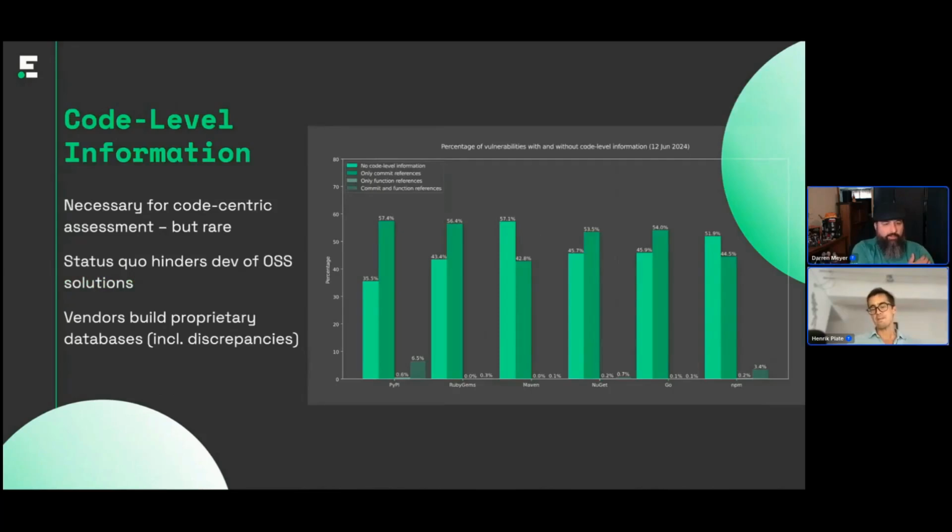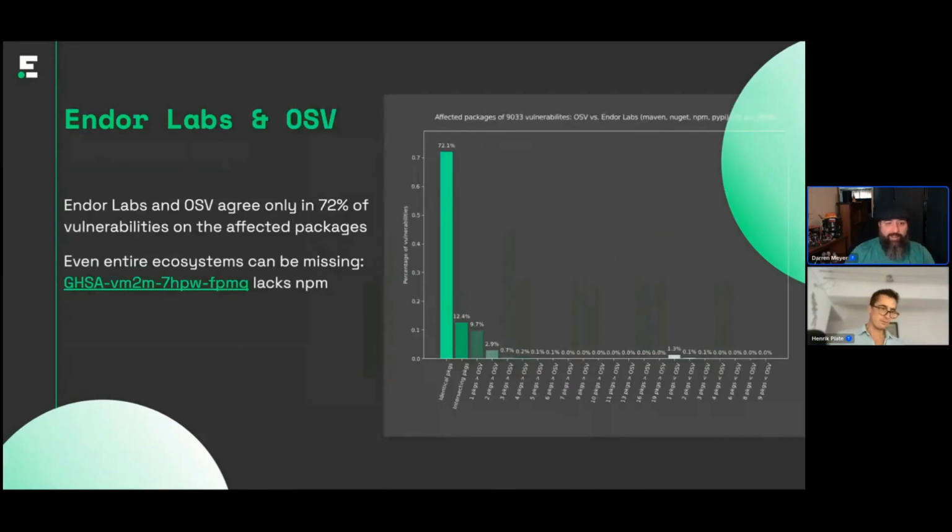I definitely don't want people to come away thinking that we're trying to say that OSV is bad or anything either. It's an extremely valuable resource. I think it really highlights just how hard this problem is, right? Places like NVD and OSV, there's a lot to tackle. There's a lot of human decision making in those processes that can lead to mistakes. It can lead to differences of opinion.